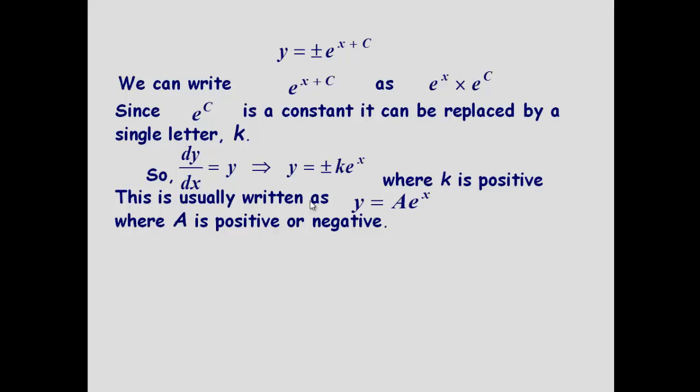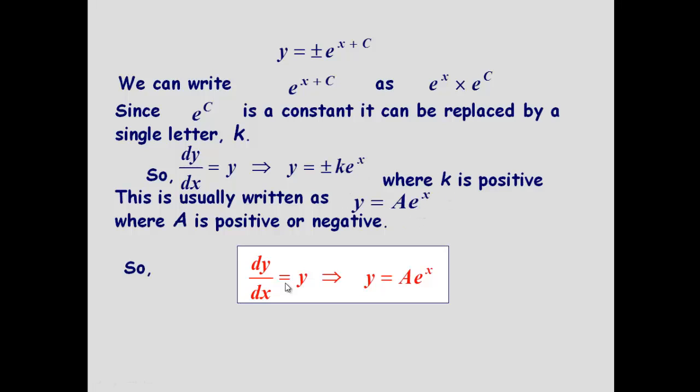It's more usual to write this as a e to the x, where a is positive or negative. And this is more the model that you see in exponential growth questions. And it's an important result. So dy/dx equals y implies that y equals a e to the x.